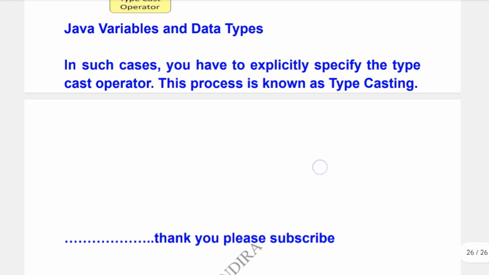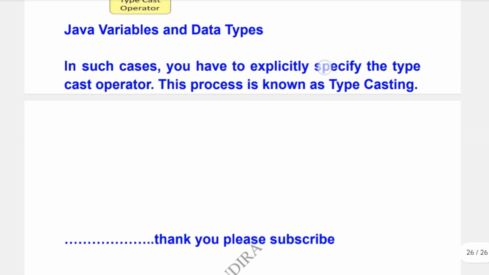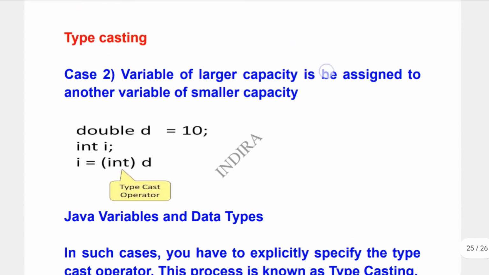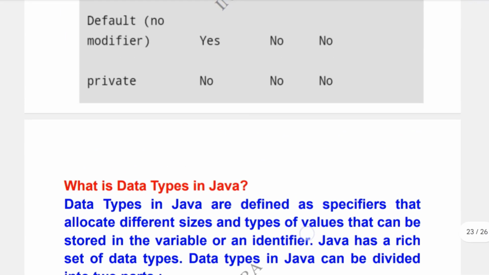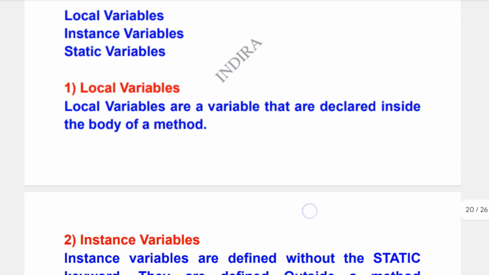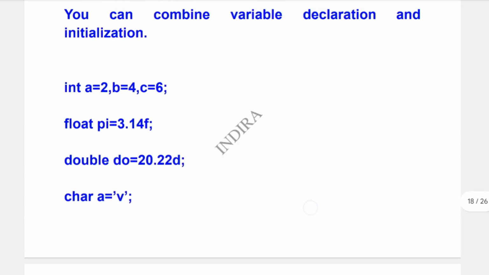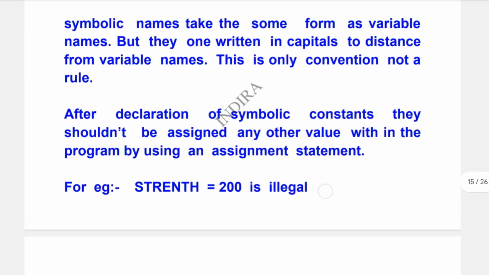So these are the topics of part 3 of Java Unit 1. Before ending this topic, let us revise once. First, in part 3, we completed the topic of operators.